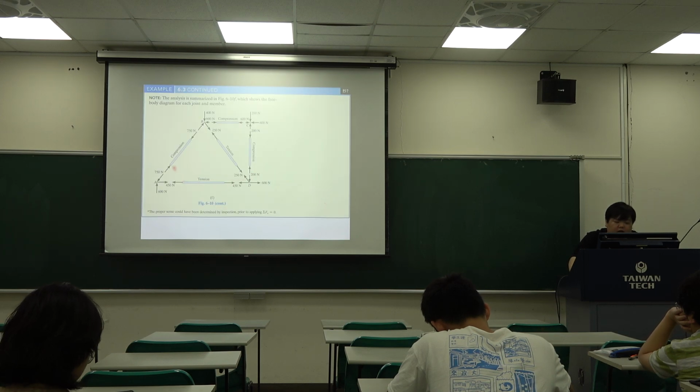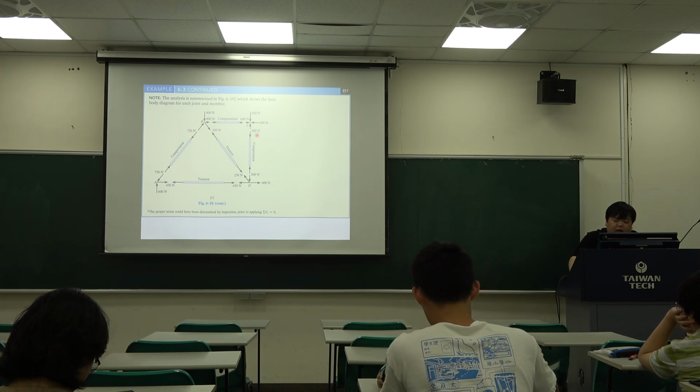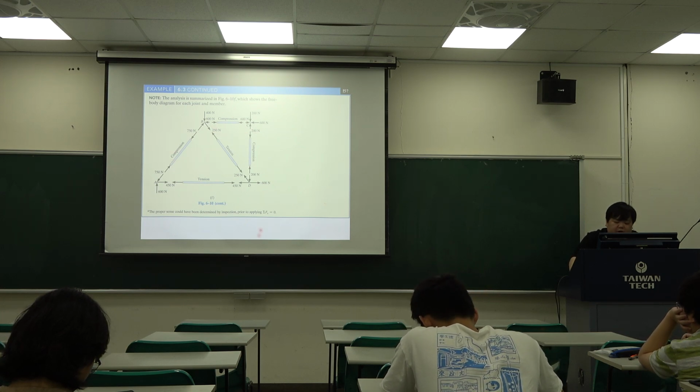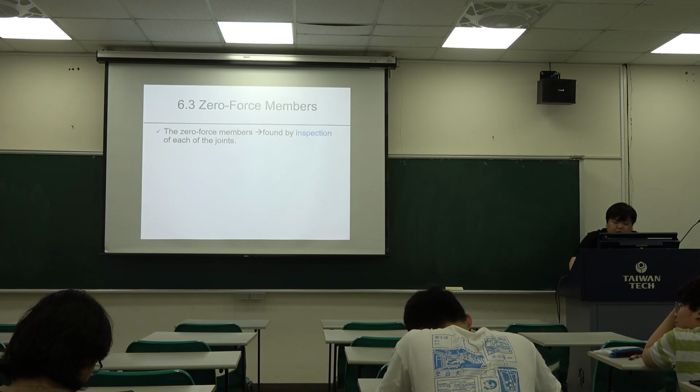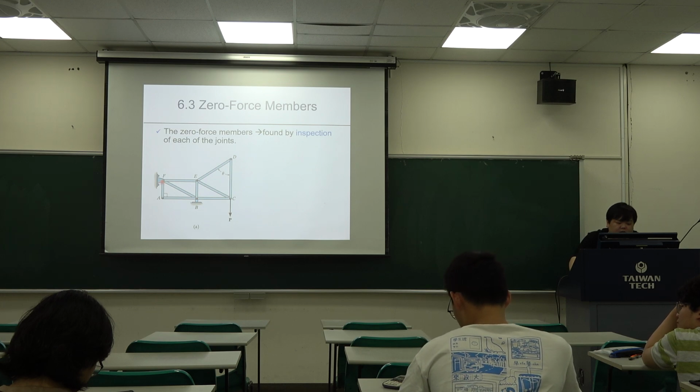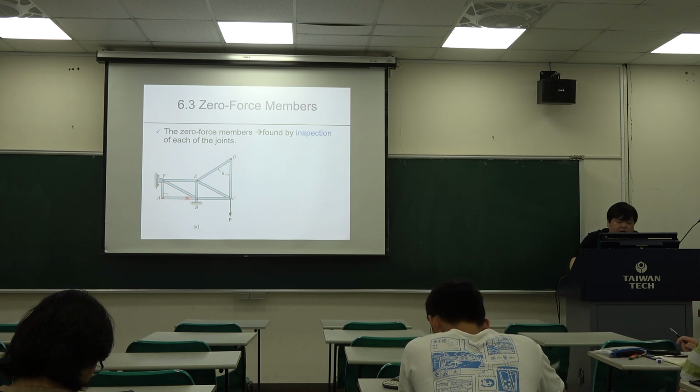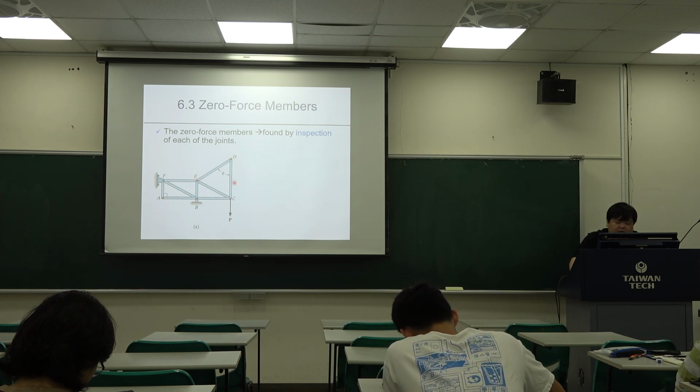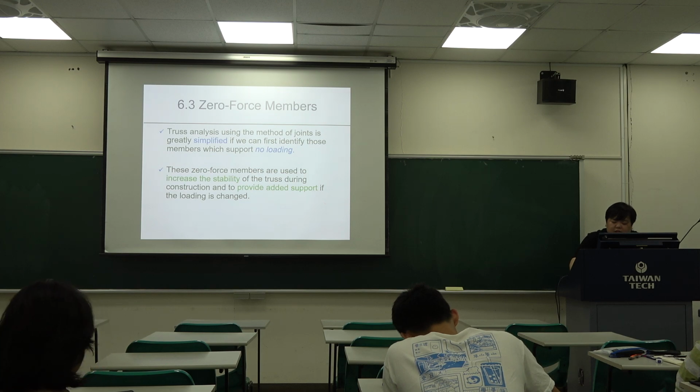Like this truss, you can see every member has force, so we don't have a zero force member. But maybe like this part: when you calculate the internal force, FA, FE, ED and DC have no internal force. So these two parts we call the zero force members. But what is the need for this zero force member?